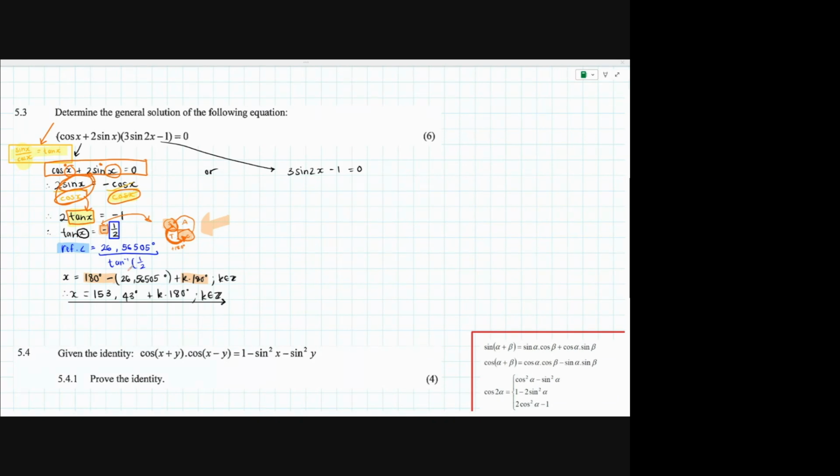I wanted to ask that 2 tan x is equal to -1. You divided 2 by 2 both sides. Good, exactly. And then, ma'am, where there is 180 minus into 26, I don't know, 56. So that negative will determine the quadrant.